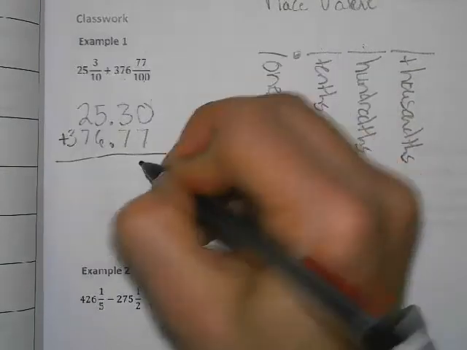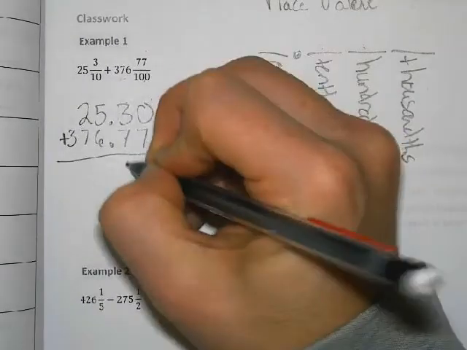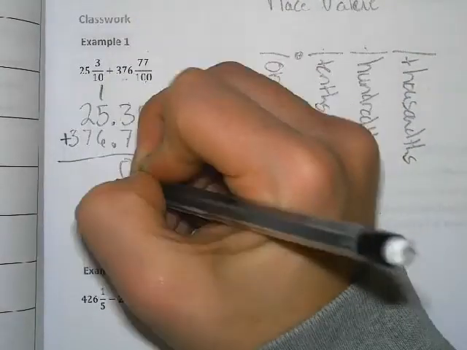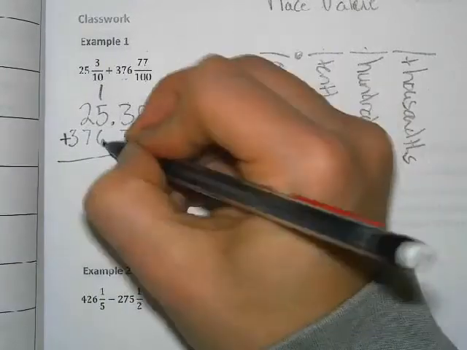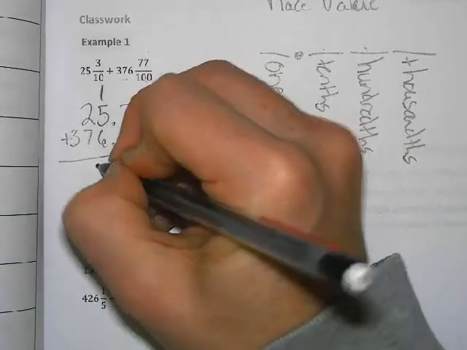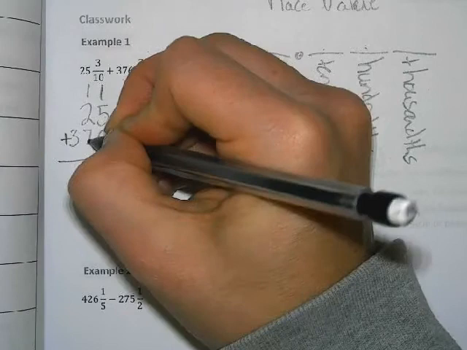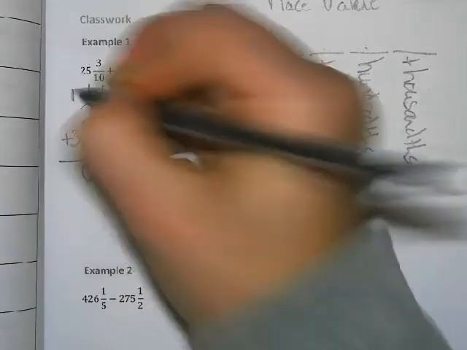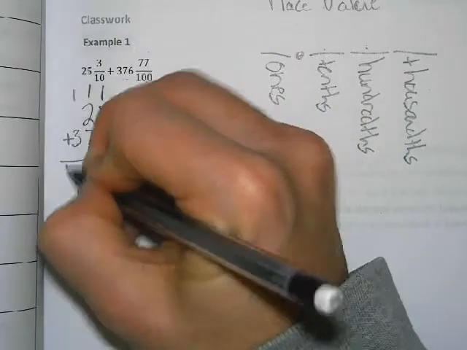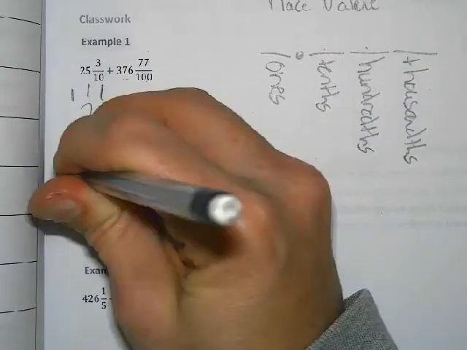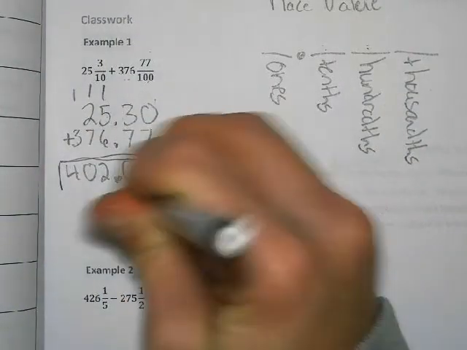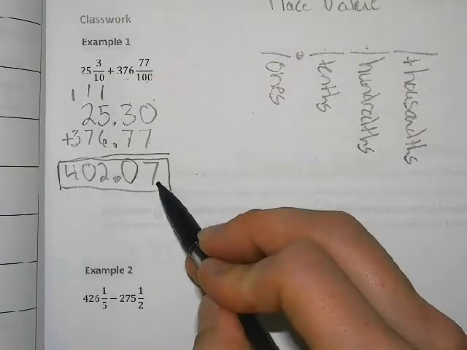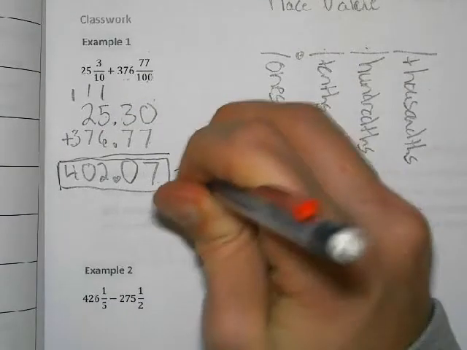7 plus 0 is 7. 7 plus 3 is 10. I carry my 1. My decimal comes down. 6 plus 5 is 11, plus 1 is 12. Carry my 1. 7 plus 2 is 9, plus 1 is 10, carry my 1. 2 plus 1 is 3, plus 1 is 4. So then my answer is 402 and 77 hundredths.